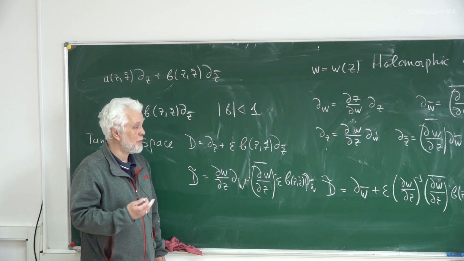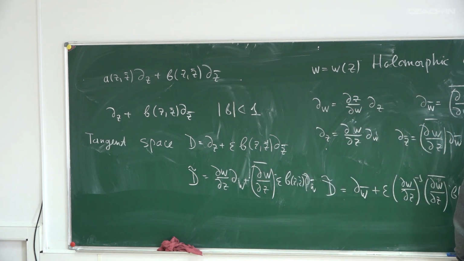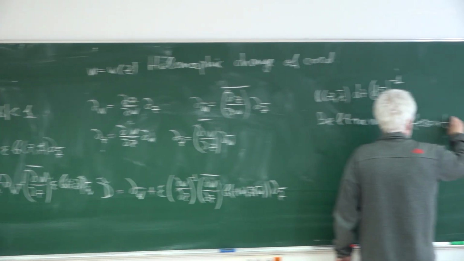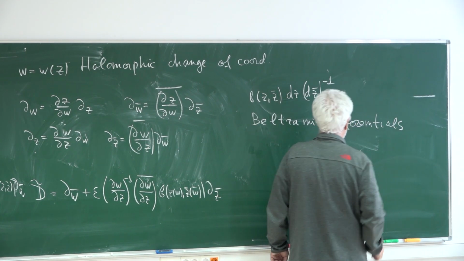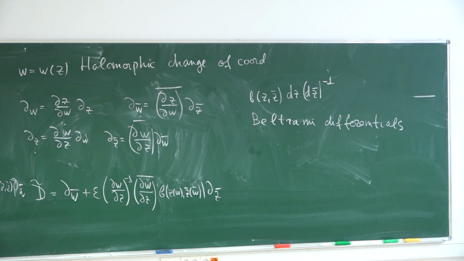These objects are called Beltrami differentials.